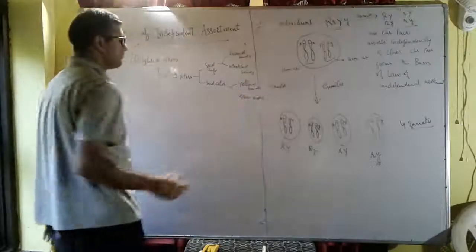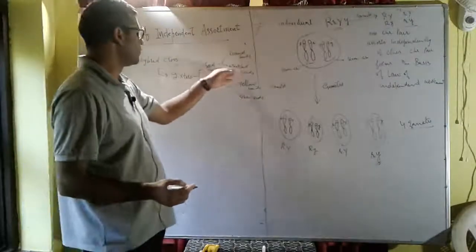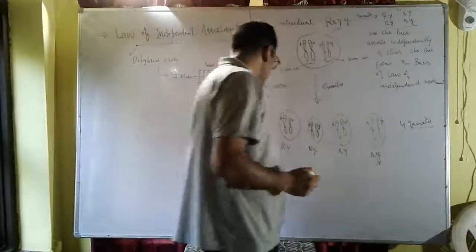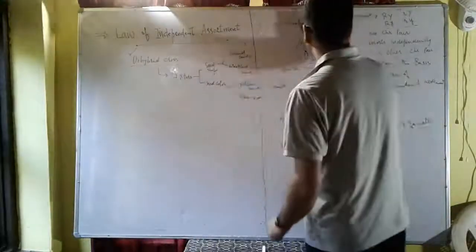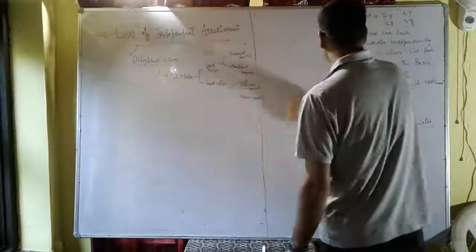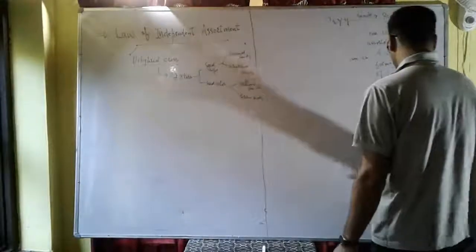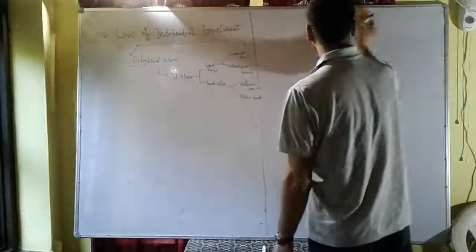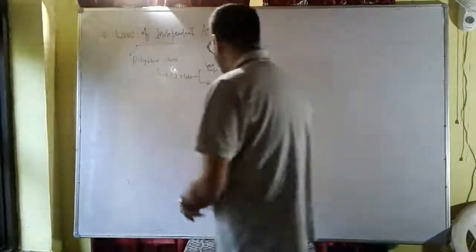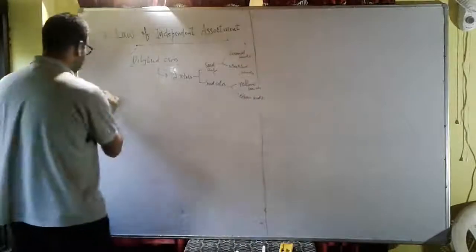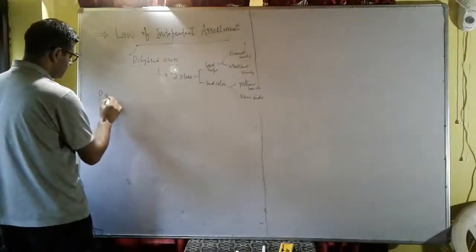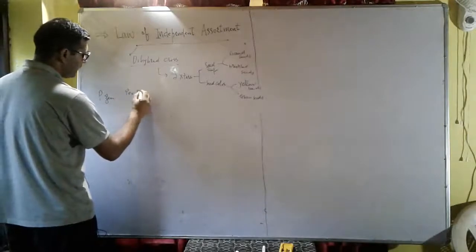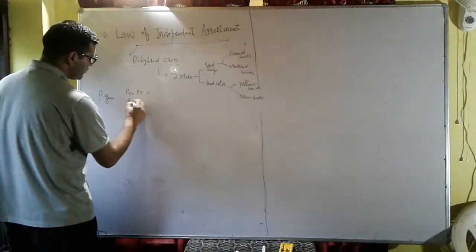Remember that round seeds are dominant over the wrinkled seeds and yellow seed color is dominant over the green seed color. So we'll make a cross. We have the parental generation, a pea plant with round and yellow seeds.